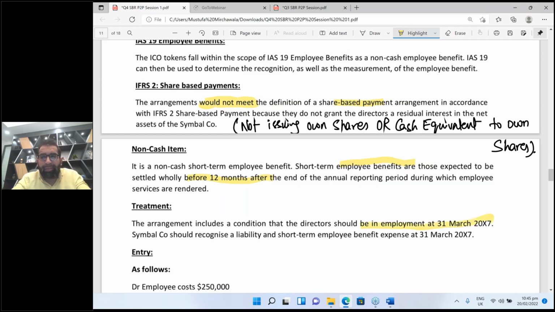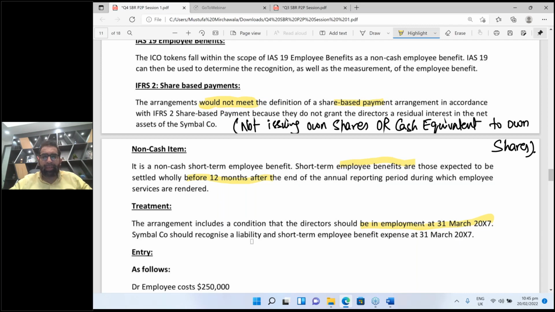So yes, all the five directors are still in employment at 31st March X7. They have fulfilled their condition, meaning they have done their work, so it's an obligation for us.